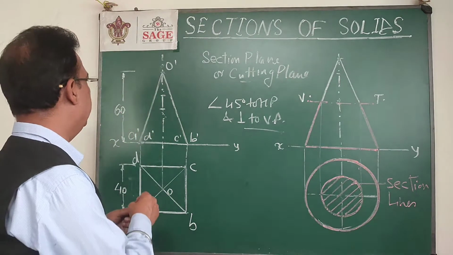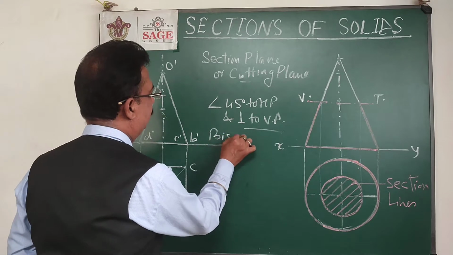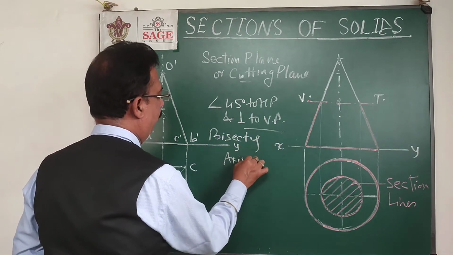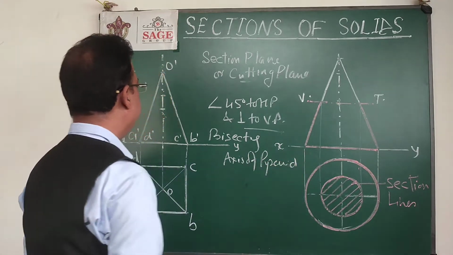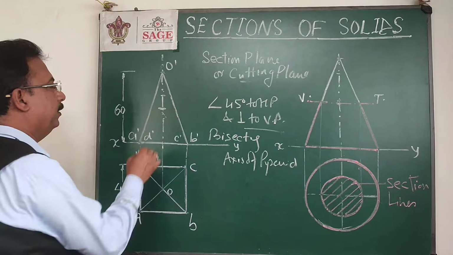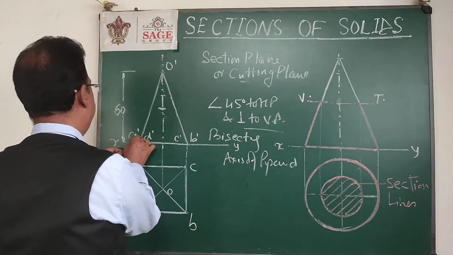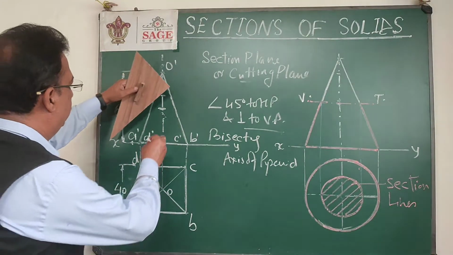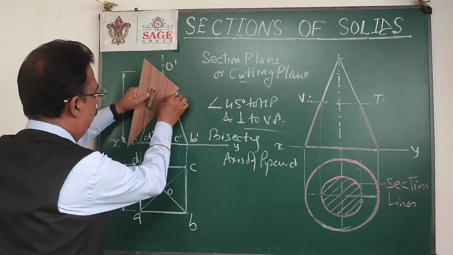So I should start with the front view, and suppose it bisects the axis of the pyramid. So I will mark the midpoint of the axis and cut the pyramid by a section plane which is 45 degrees inclined to the horizontal plane. Maybe this will go like this.